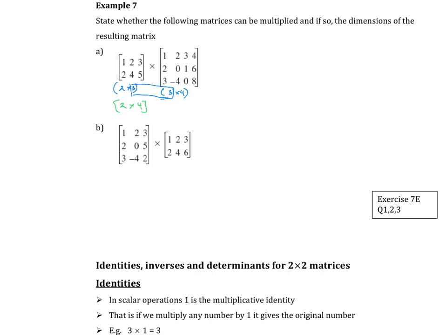Now we need to go through the multiplication just to see how we do it. To actually carry out the multiplication, we can describe the process of how to do the multiplications as rows by column.